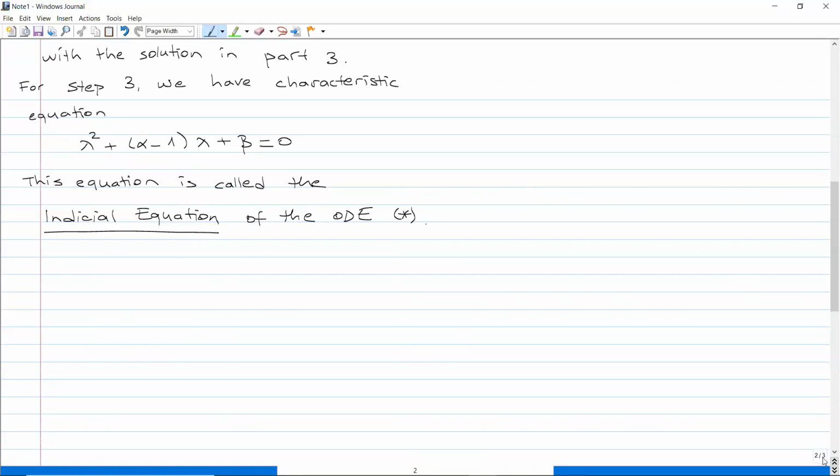Now, depending on the solutions of this indicial equation, we get different types of solutions. We may get two distinct real roots, a repeated real root, or two complex roots.